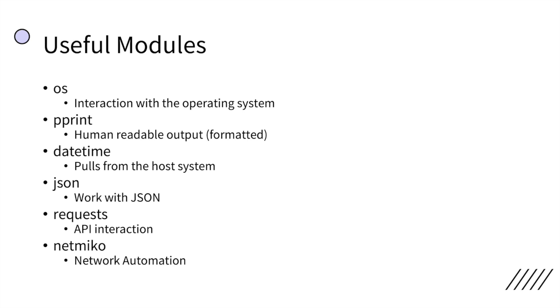You've got pprint, which stands for pretty print, and all that does is, when you're returning a value from, let's say, an API call, and we'll be able to see an example of this when we start doing API calls, sometimes those returns can get quite large and they'll fill up your terminal.